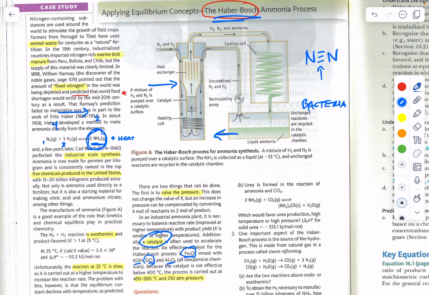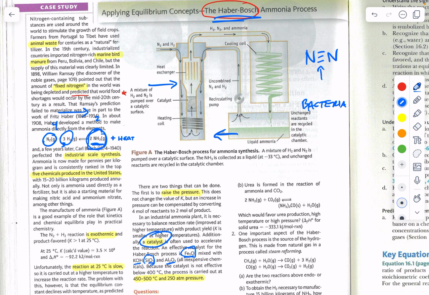Now you notice that this does take an awful lot of energy. The energy is involved in producing hydrogen gas. That might involve electrolysis or a chemical process. You also have to purify your ammonia because the atmosphere, even though it's 78, 79% nitrogen, has those other gases in it. That's expensive, and that takes energy. So it is estimated that this process consumes 1 to 2% of the global energy consumption, and that's a significant amount.